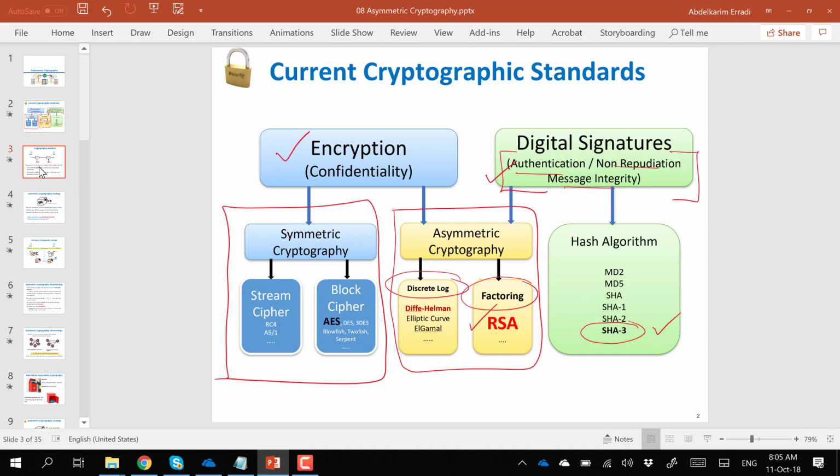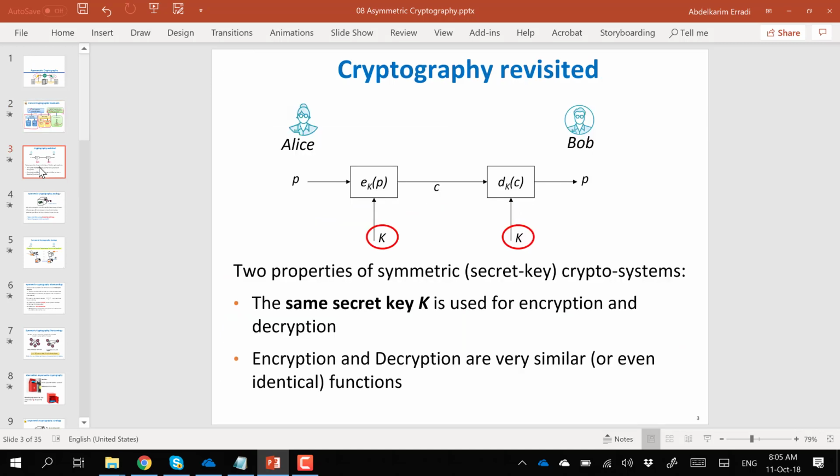Okay, so let us first start by revising what symmetric cryptography is all about. It allows parties like Alice and Bob to exchange messages in a secure way using an insecure channel by encrypting and decrypting.